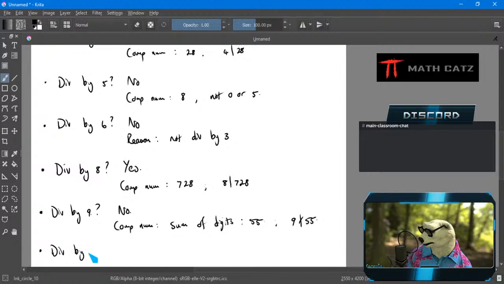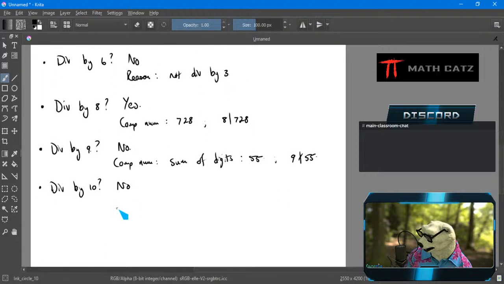Last two, divisibility by 10. Well, clearly not, because my comparison number is the last digit, which is an 8, and that is not a 0, which is what it needs to be.